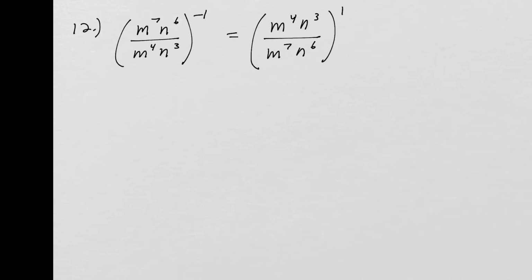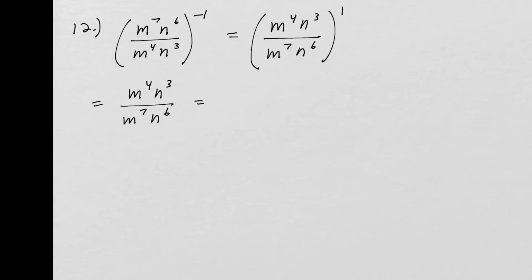And of course, anything raised to the positive 1 is just itself. So this is just going to be m to the 4th, n cubed, over m to the 7th, n to the 6th. All right, now we can use the quotient rule for the powers, for the m's and for the n's.